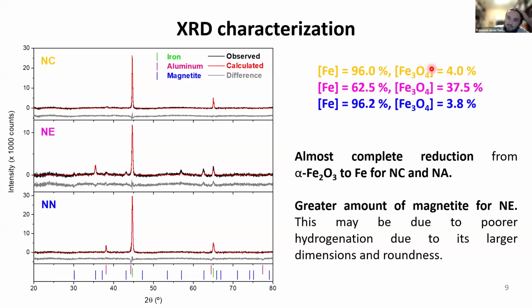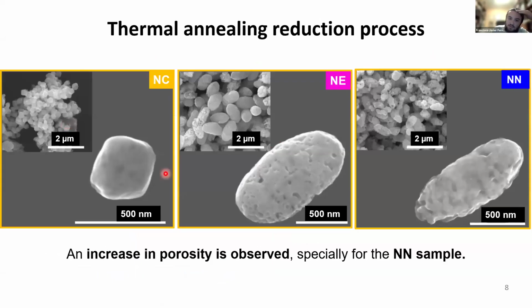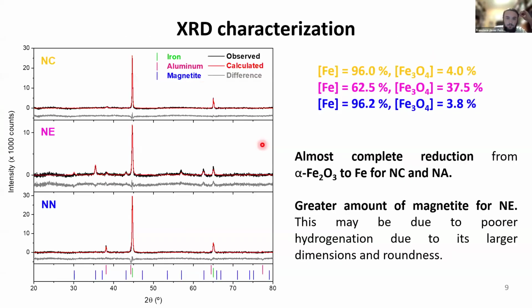We think that the worse reduction of this sample can be because of its larger size, and the nanoparticle is also rounder, so maybe the hydrogen has not been able to penetrate through all the bulk of the sample, and that can be a plausible explanation.